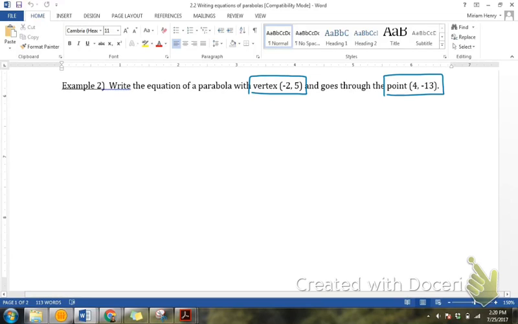So then we're going to go ahead and write our equation down, our formula. Use your notes.